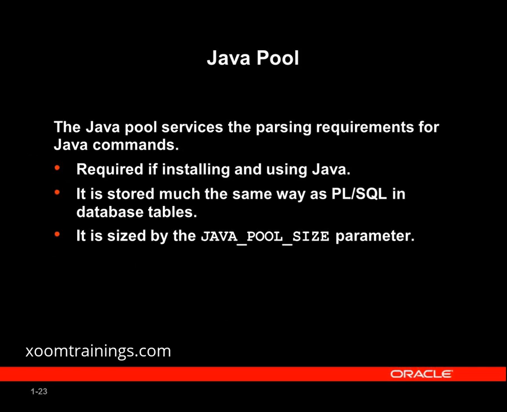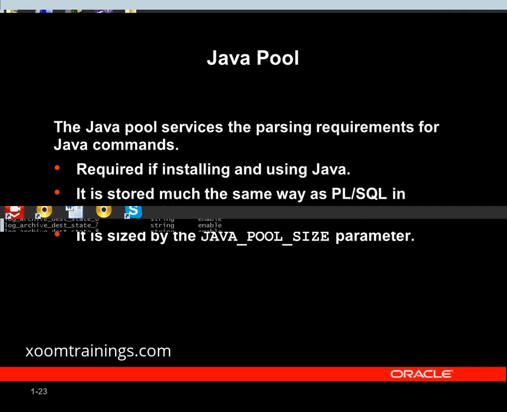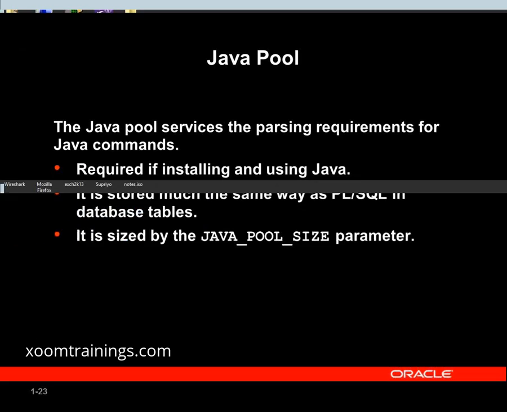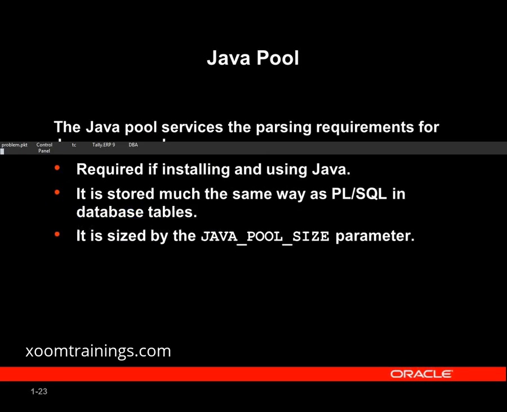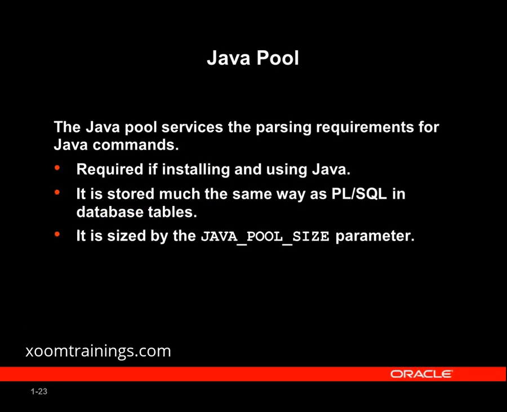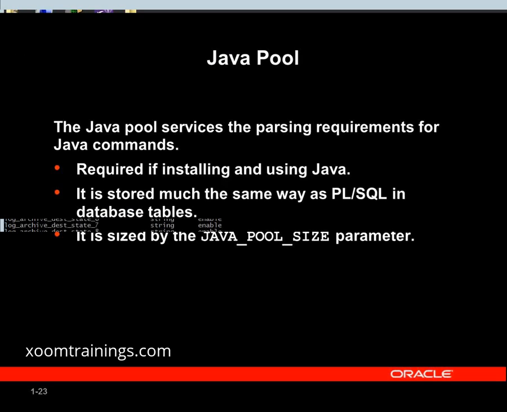Next one is the Java pool. It is required when we have an application already written in Java with our Oracle database. In that case, it is recommended that the Java pool be configured. The Java pool serves the parsing requirement for Java commands.